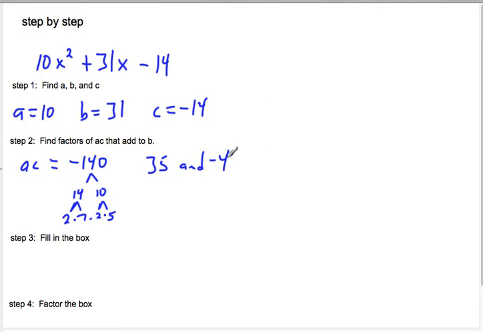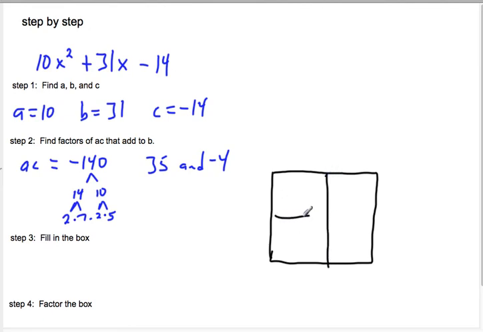Okay, so now we're going to make the box and fill it in. So the top left is going to be the same as that, so 10x squared. Bottom right is going to be this, negative 14. And then these diagonals have to be a 35 and a negative 4, both with an x.